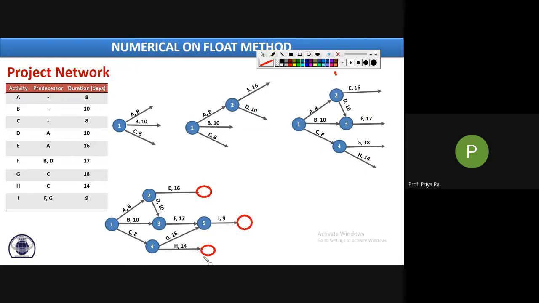As per the rule of network diagram, any network diagram should have only one tail event, that is one starting event, and only one finishing event. This whole network diagram has one starting event, which satisfies the rule, but it has three head events, or we can say three finishing events, so it will be wrong. If you leave it like this, your network diagram will be wrong.